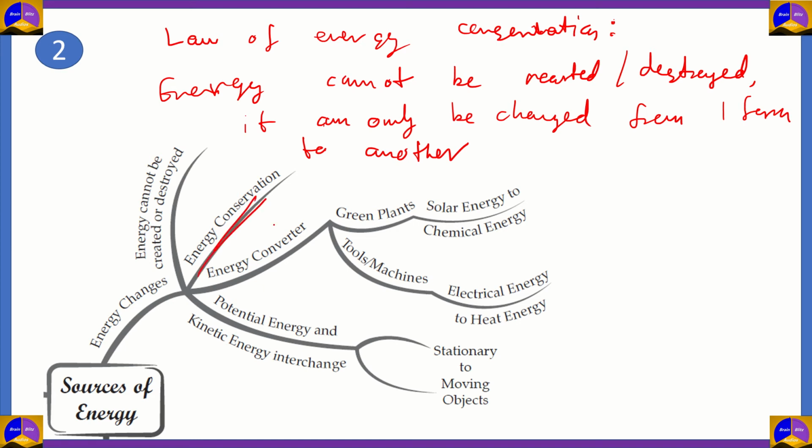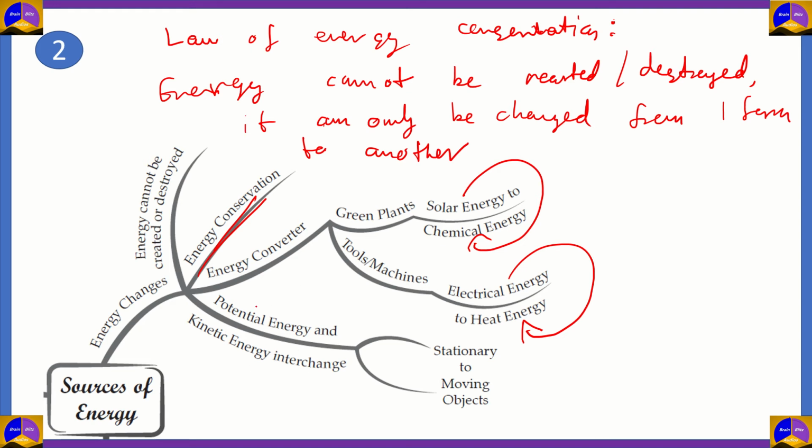Now, we use tools and machines to convert electrical energy to heat energy and back again. And another example for an energy converter are plants, which convert solar energy to chemical energy, that is food that we eat. And when we talk about energy, mostly we convert kinetic energy to potential energy or potential energy to kinetic energy, so we need to know what these types of energies are.